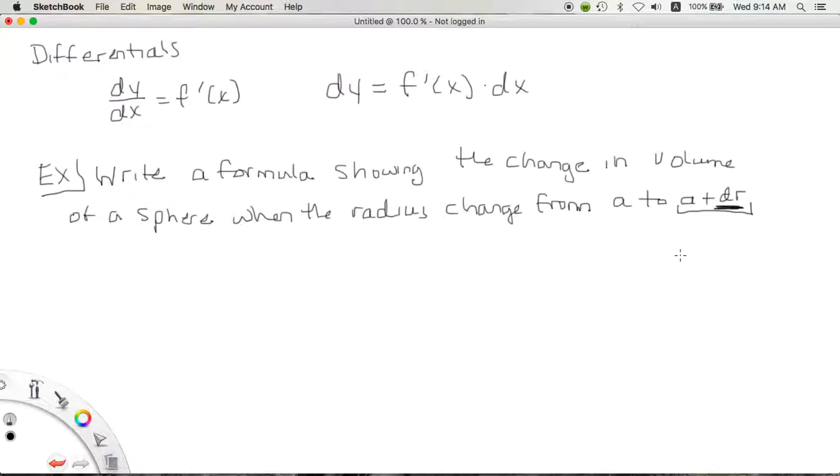Remember, the d is actually the lowercase delta. So we talked about rate of changes as deltas, and then the little tiny changes as the lowercase delta, the d. So how would you do that?